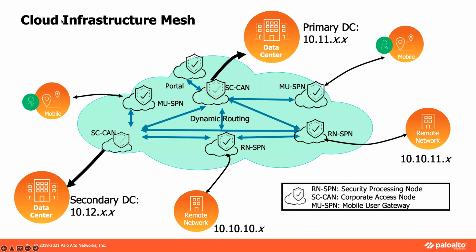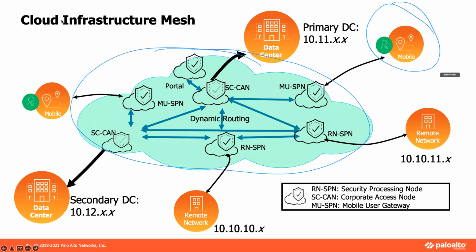The first thing to know is that all of the different components, all the pieces and parts of Prisma Access, the mobile user security processing nodes or MUSPNs, the remote network SPNs, the service connections, corporate access nodes, all of these have public facing IP addresses for mobile users and users in branch offices and things like that to be able to get to those security processing nodes and get inspected by PAN-OS and do all the things that you're used to with, say, PAN-OS on an on-premise firewall, decryption and User-ID and App-ID and threat protections and all of those sort of things.